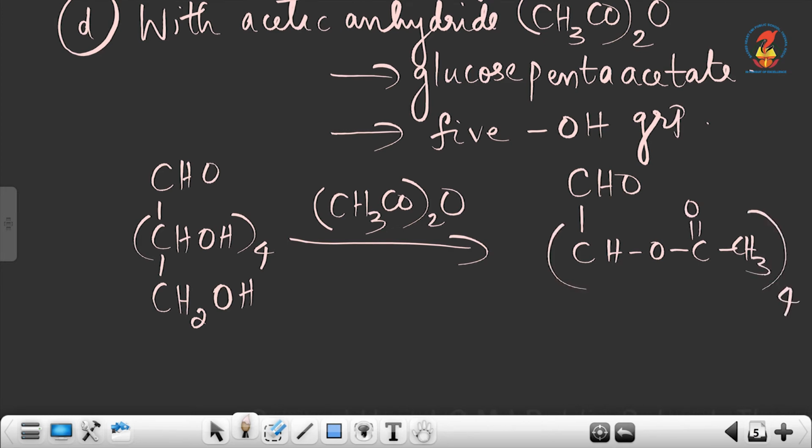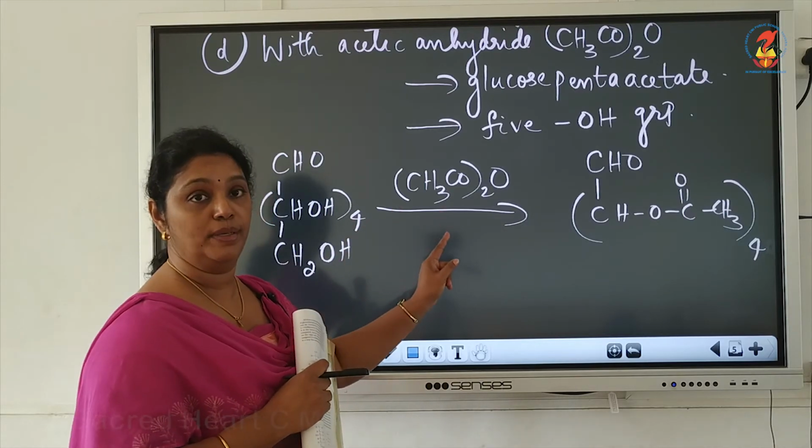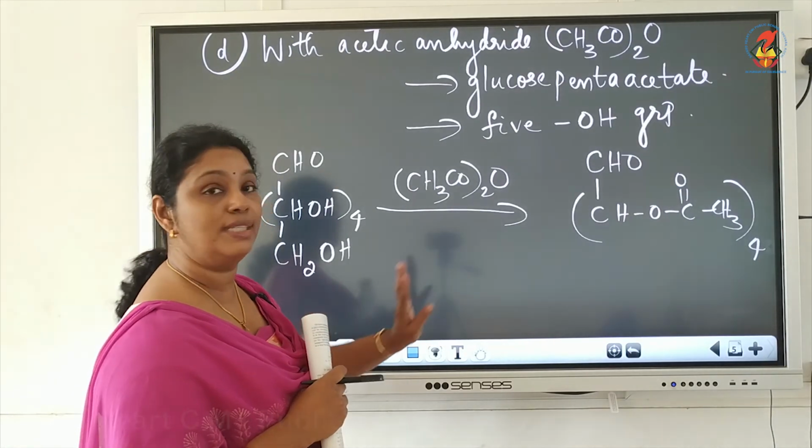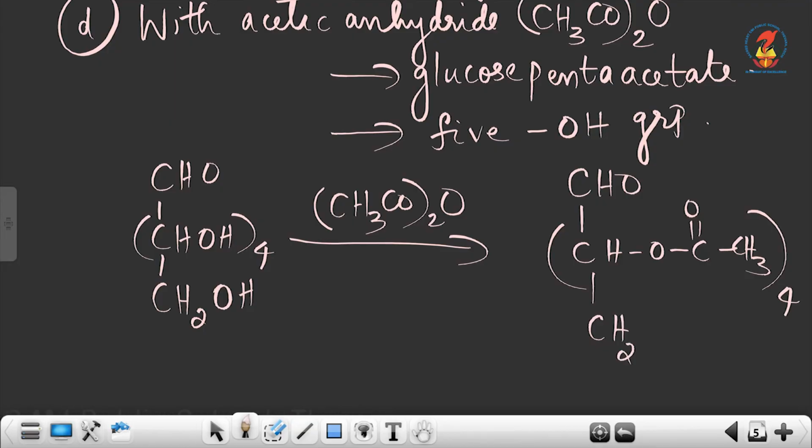That is, the hydrogen of CHOH gets replaced with acyl group or acetyl group, that is COCH3. Now, in CH2OH also, the hydrogen gets replaced by COCH3. So, this is glucose pentaacetate. So this reaction proved the presence of 5 hydroxyl groups in glucose.